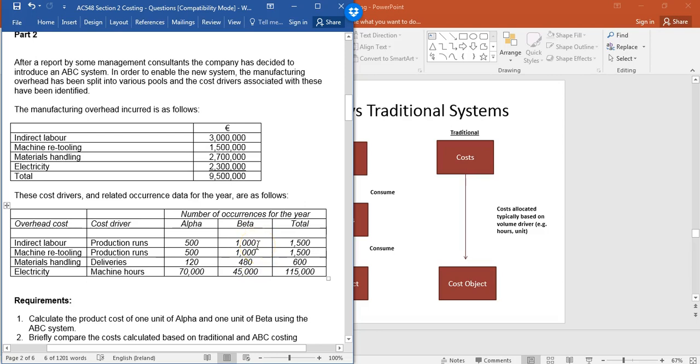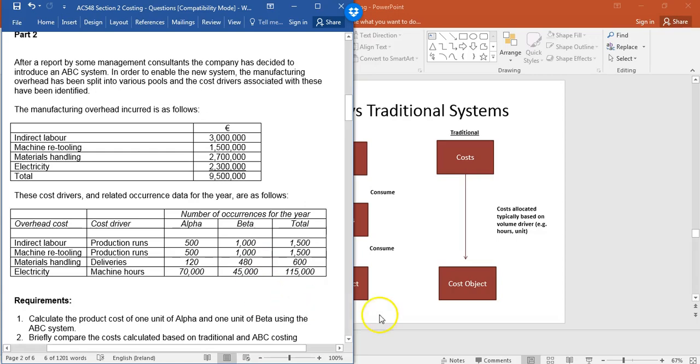Twice as many production runs, 4 times as many deliveries, and even though they used fewer machine hours, they still used a lot of machine hours for 50,000 units, whereas 10 times the amount of units only uses 70,000 machine hours. So relative to their volume, they still use a disproportionate amount of machine hours compared to alpha.